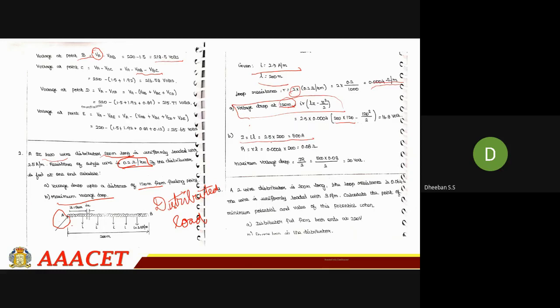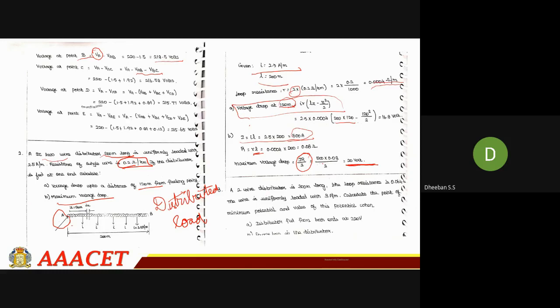From this 2.5, you multiply with the distance, and you'll be getting around 500 amps. Similarly, your resistance is small r into L. The maximum voltage drop is given by IR by 2. So we apply it, and you'll be getting 20 volt.